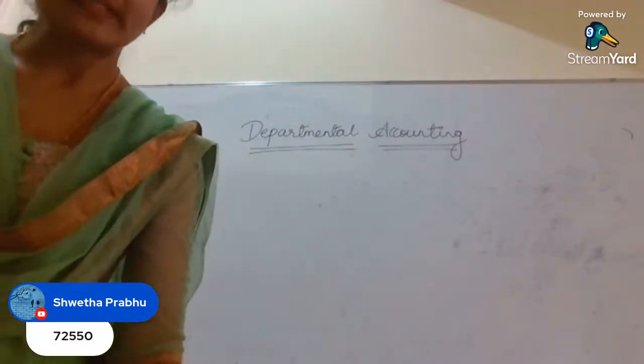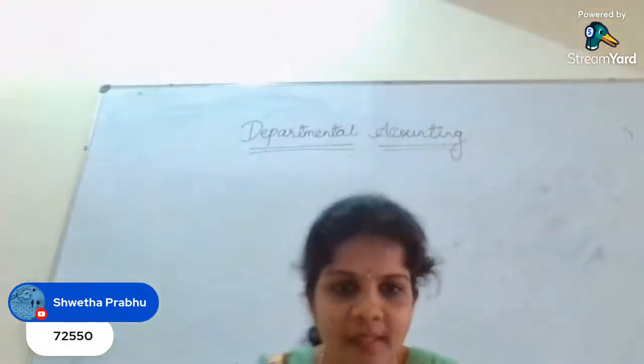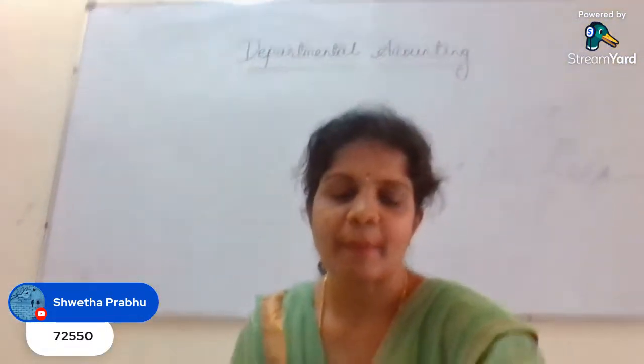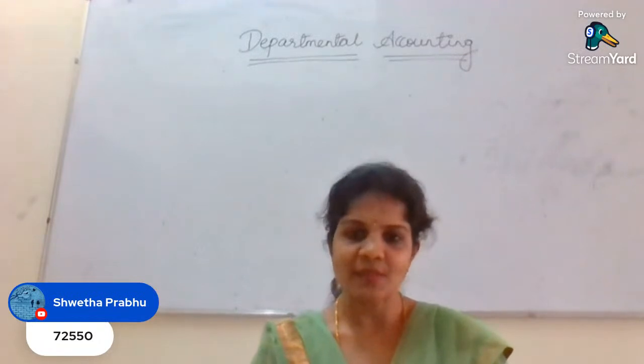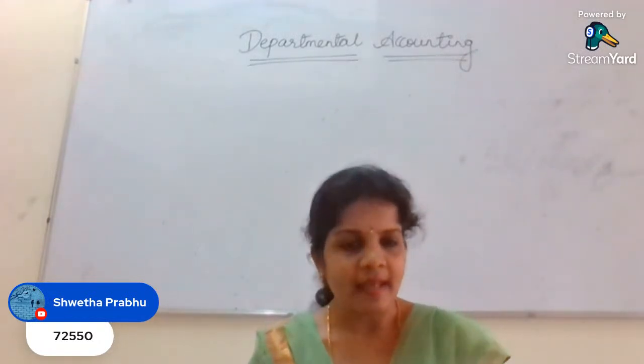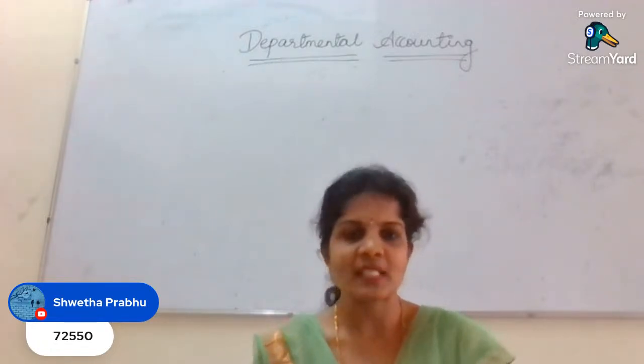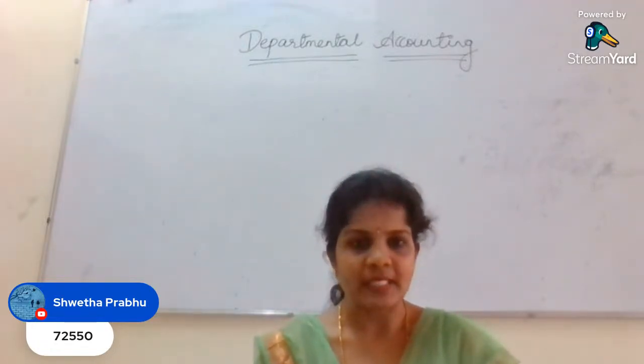Okay, departmental accounting. So many of you are working, you will be having an idea that there will be many departments, like how there will be many branches. Same way, in every organization in the same premises, there will be different departments. Correct?